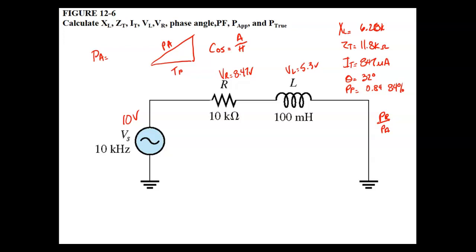So we're going to get the true power. True power is just the power dissipated by the resistor, and the apparent power is the power dissipated by the coil. So we can use V times I. We could use some trig. We could solve for trig, but there's no need to do that when we got those. So this right here is true power. This right here is apparent power.